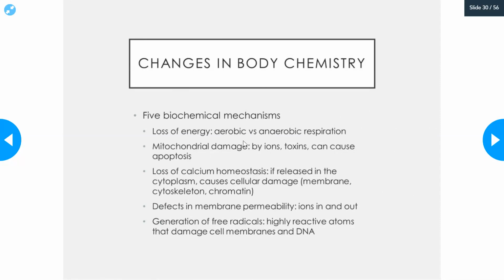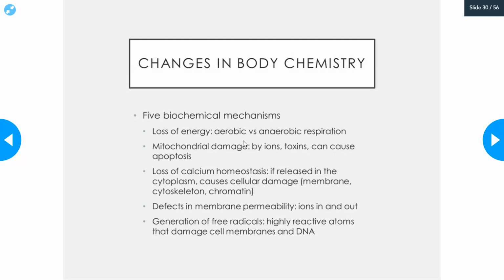So let's talk about changes in body chemistries. There are 5 biochemical mechanisms that cause change in body chemistry. Loss of energy, as in loss of the ability to make ATP. This is what we've referred to already.